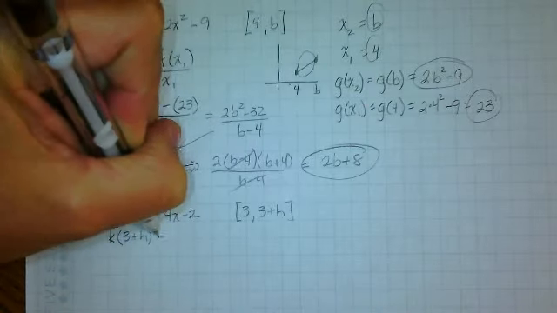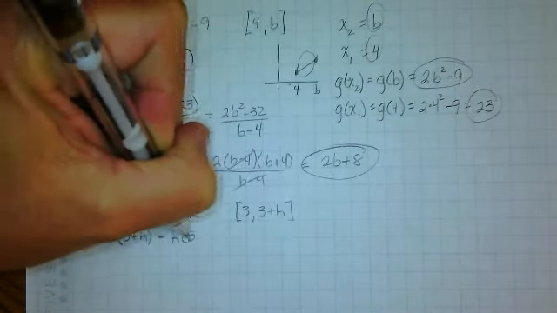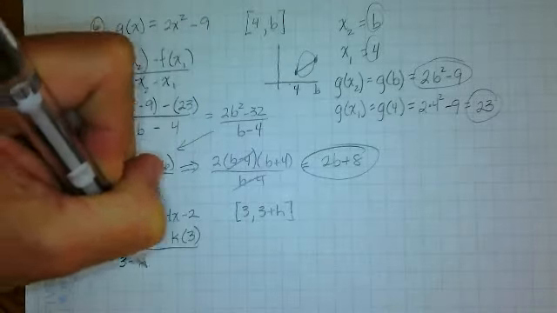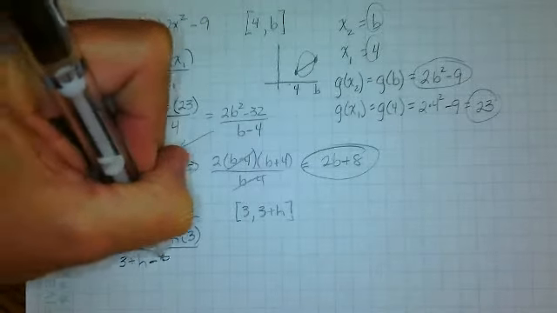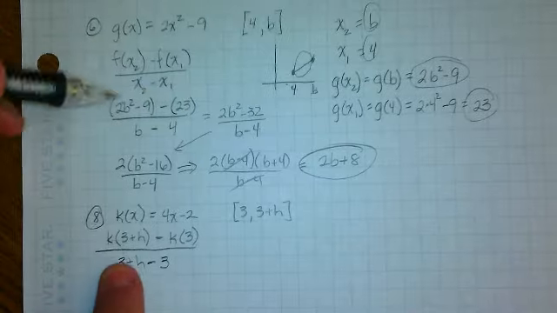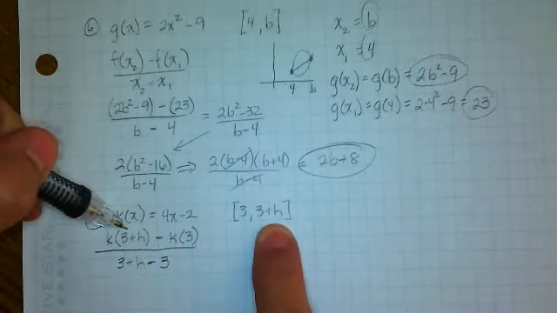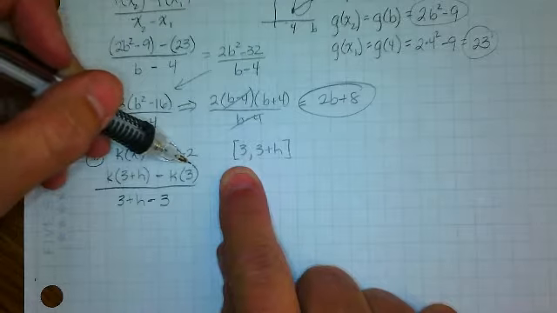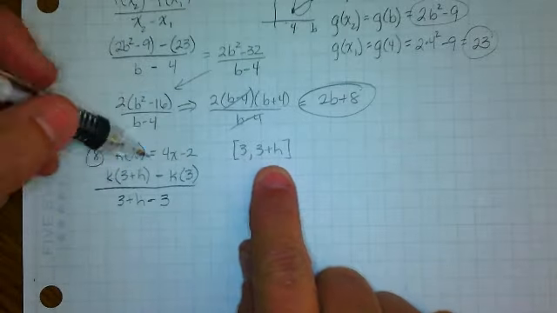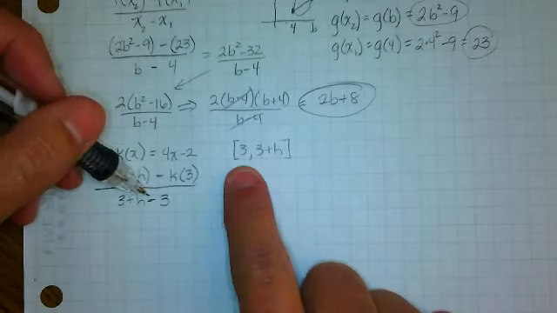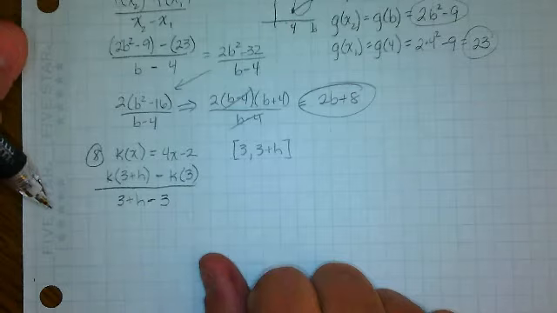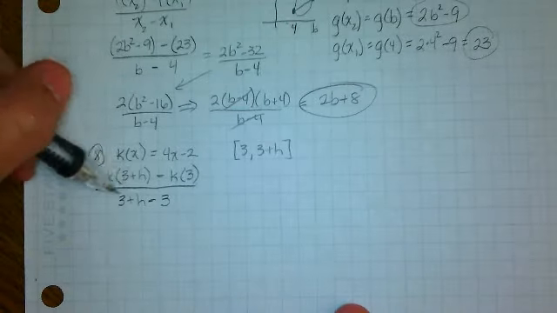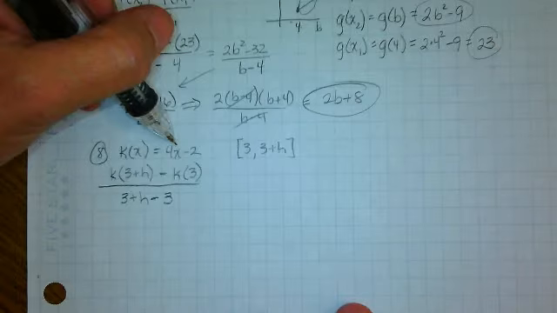So we're going to have k of 3 plus h minus k of 3 over 3 plus h minus 3. Those are the four components. Your function with the larger input minus your function with the smaller input over the larger input minus the smaller input.